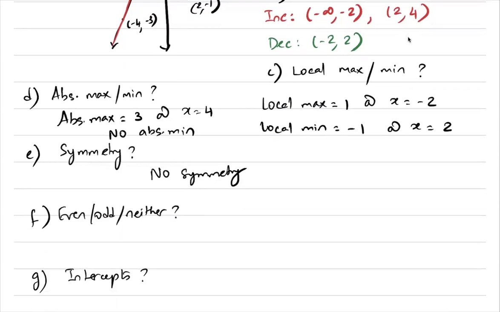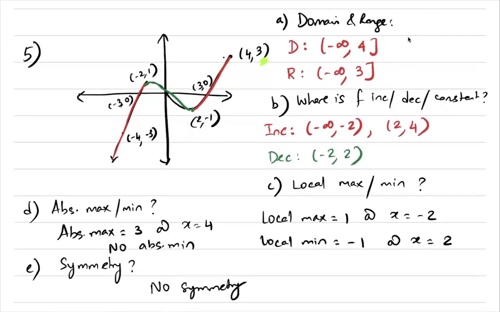Is it even, odd, or neither? Again, if it had not continued on the left, then yes, it would have been an odd function.